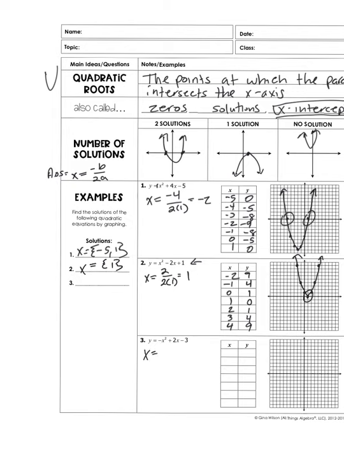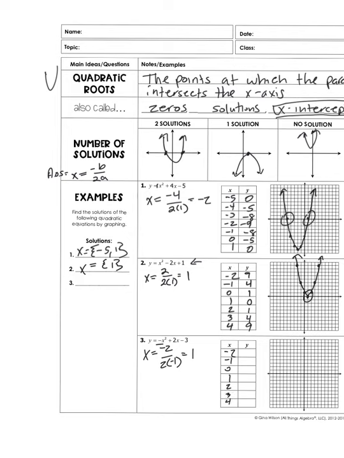Okay, number 3. x equals negative b, so this will be negative 2 divided by 2 times negative 1, because a is negative 1. That's negative 2 divided by negative 2, which is positive 1. 3 to the left would be 0, negative 1, negative 2. 3 to the right would be 2, 3, 4.